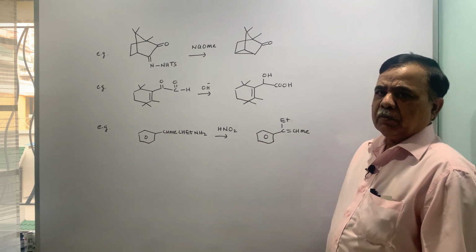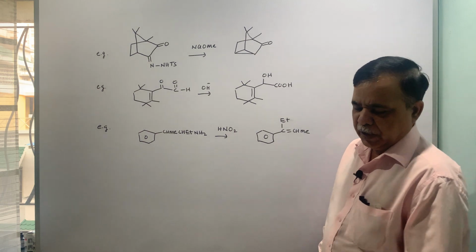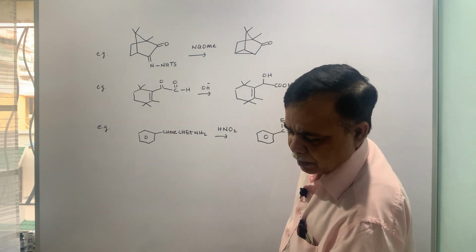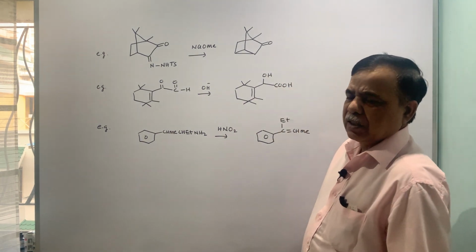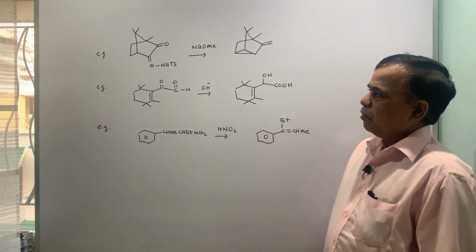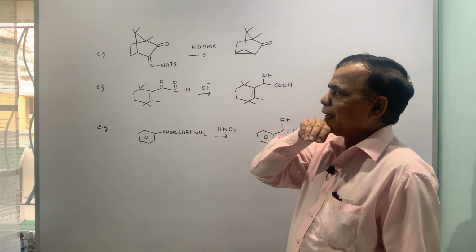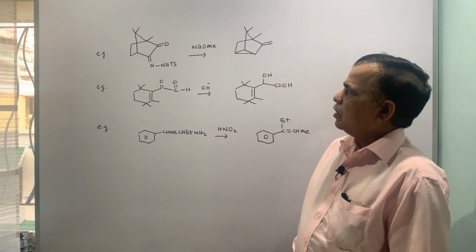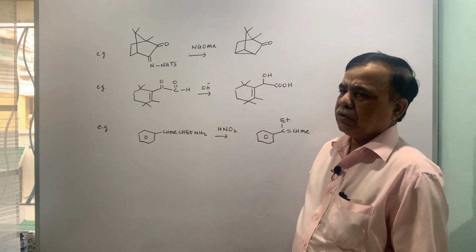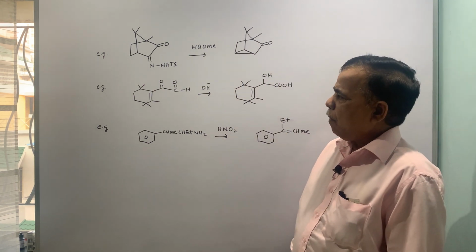Hello and welcome to today's session, wherein we'll be solving some examples based on the reactions which we have seen so far. The first reaction is with camphor, the tosylhydrazone, treated with sodium methoxide, and you get this 3-membered ring.